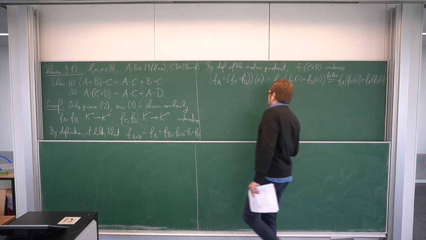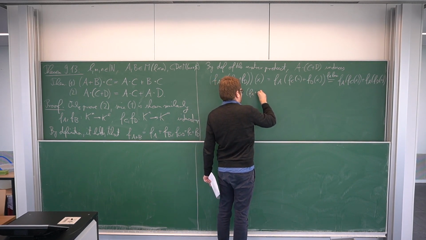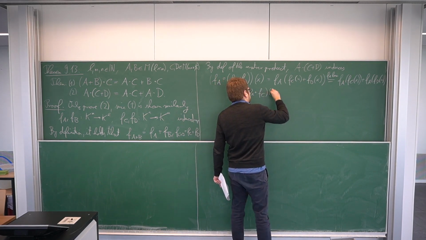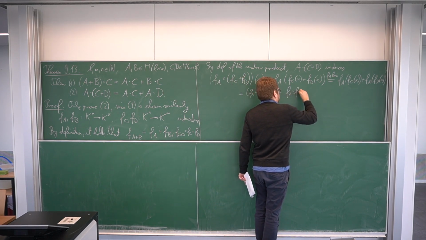Okay, now let's write this as a composition. So this is Fa composed with Fc of x plus Fa composed with Fd of x.